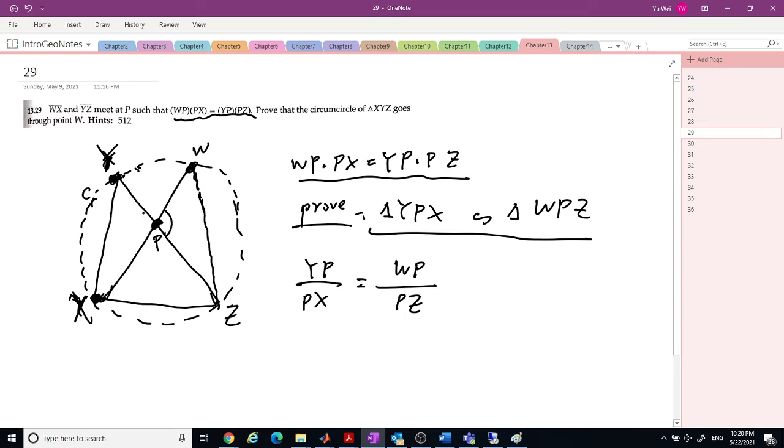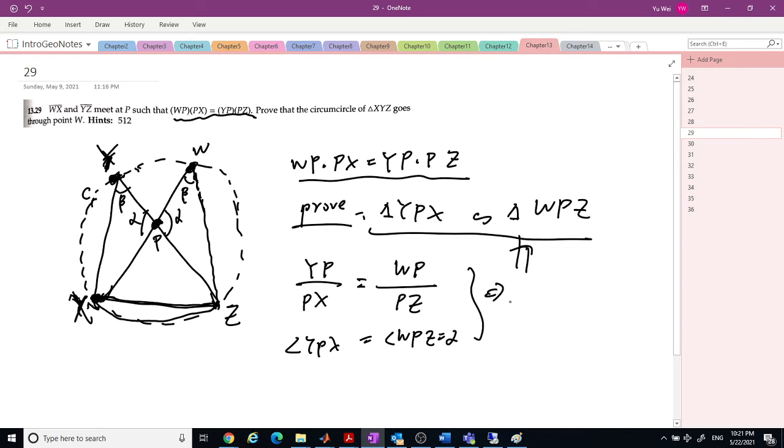And this angle is also equal to this angle, so angle YPX is equal to angle WPZ, equal to alpha. So from here, we know these two triangles are similar. So this is angle beta and this is angle beta, and these two angles beta are both subtended by the chord XZ.